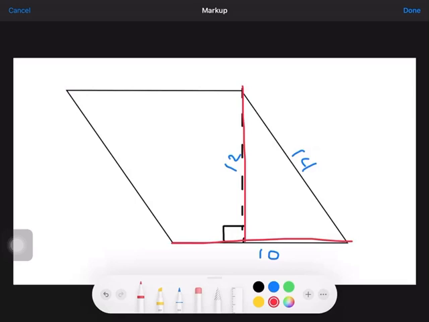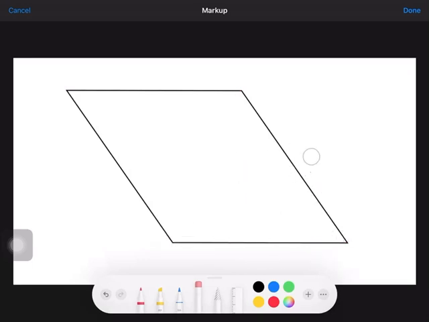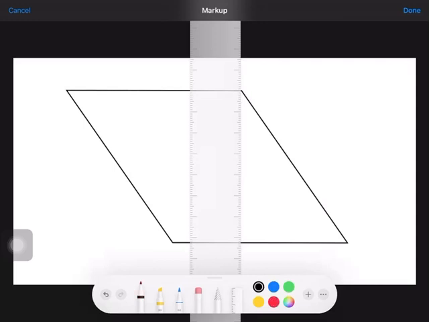I'm going to do this again and show it to you in another way. I don't have to have my 90-degree angle on the inside. I could actually draw it on the outside.